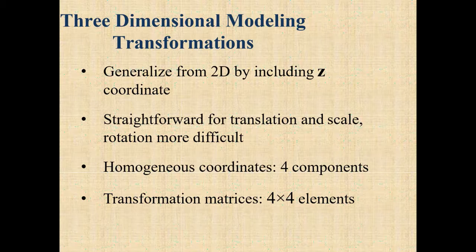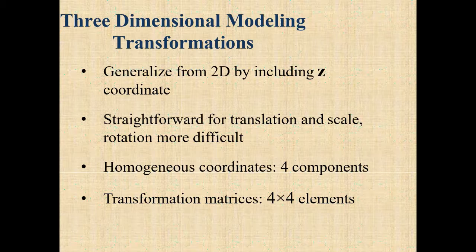It is straightforward for translation and scaling, but rotation takes a little bit of complexity, because whenever we discussed rotation in homogeneous coordinates, we saw that things change depending on whether the rotation is about the x coordinate or y coordinate, and we only have sine theta and cos theta in our hand.